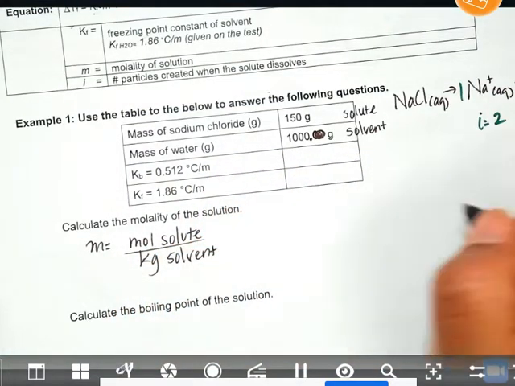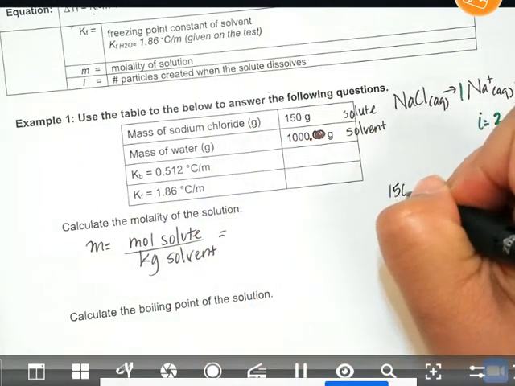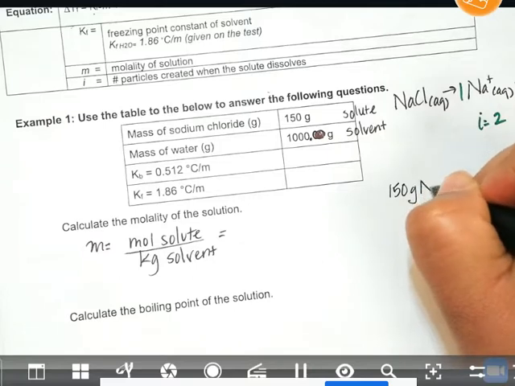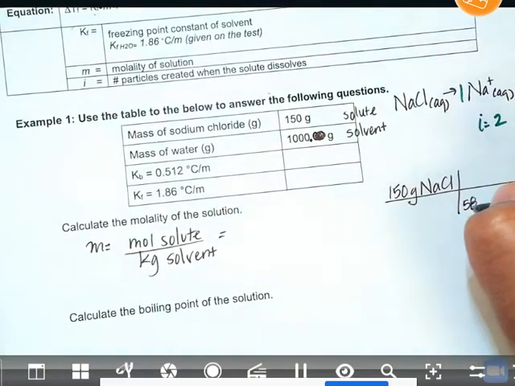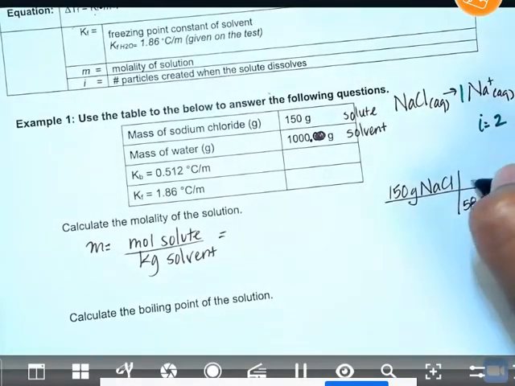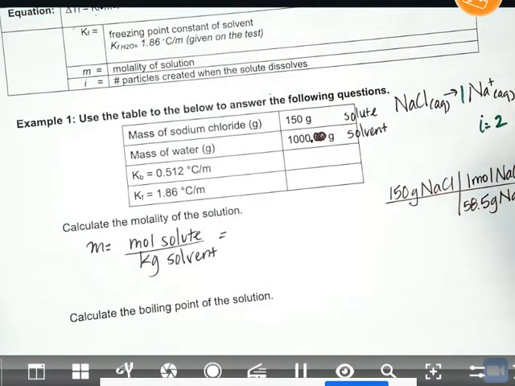So, I need to first find the moles of solute, so I'm going to take 150 grams of NaCl, convert that to moles, and that gives us 2.6 moles.